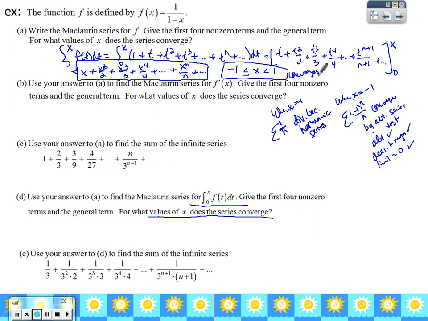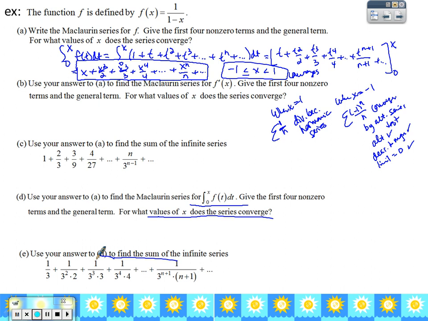All right. Last question. Okay, look at the code words. Use your answer to D, the one that we just did, to find the sum of the infinite series. To find the sum means figure out which function created it. Okay, so look at the series that we have up there. Compare it to this picture of the series.